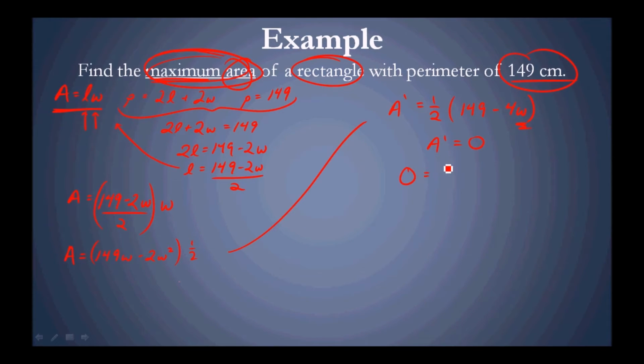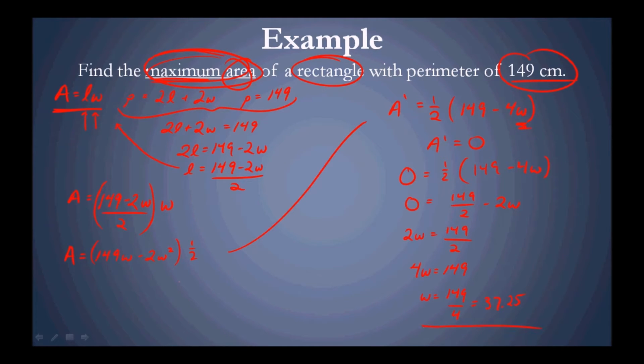So 0 is equal to 1/2 times 149 minus 4W. 0 equals 149 divided by 2 minus 2W. Moving 2W over to the other side, we have 2W equals 149 divided by 2. So 4W equals 149. W equals 149 fourths, which is equal to 37.25.